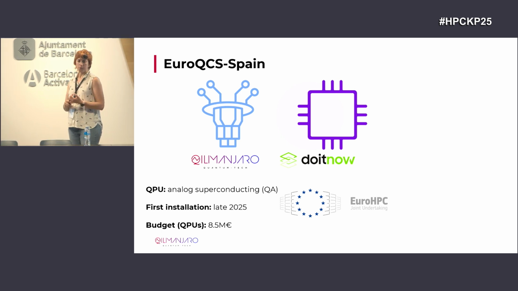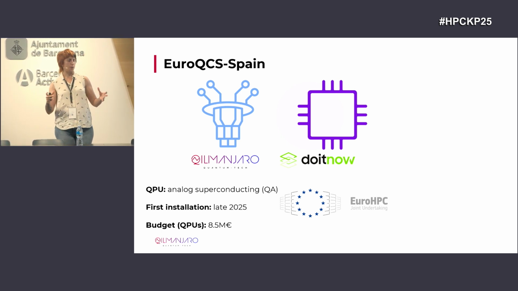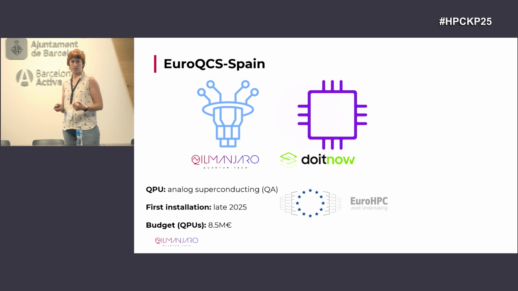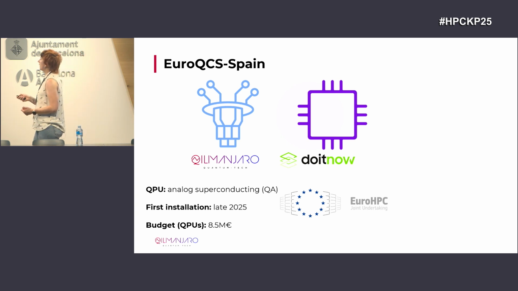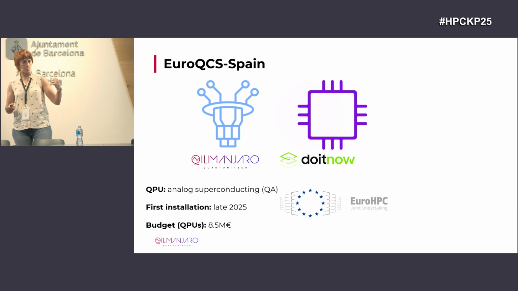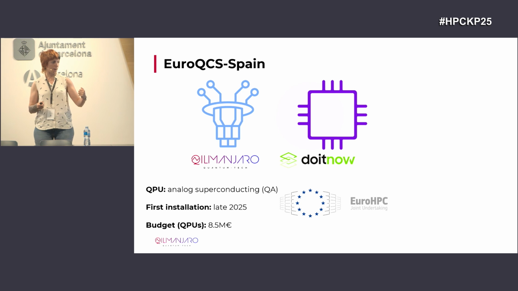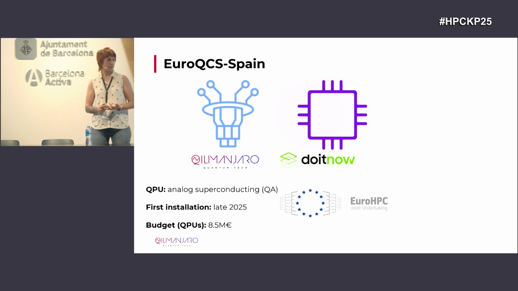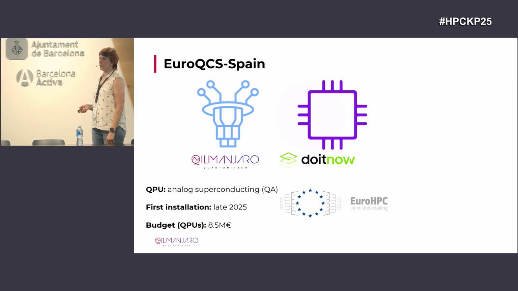The fabrication of the chip and the interconnection of all the different parts of the quantum computer will be done by Qilimanjaro. The connection of the quantum computer to the previous Mare Nostrum MONA cluster and Mare Nostrum, and everything that requires, plus installation of the software, will be done by DuoIT.